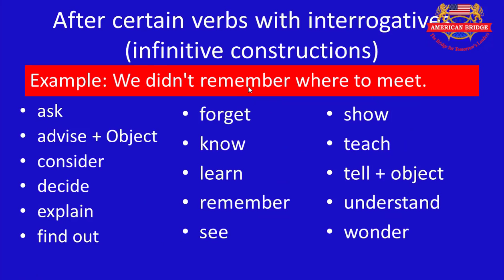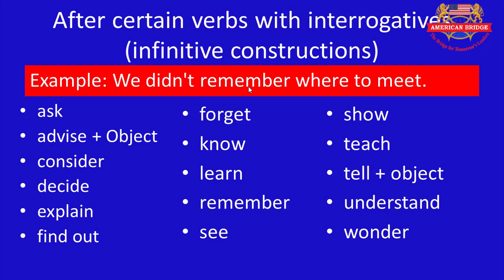Okay, after certain verbs with interrogatives, infinitive construction. So we're gonna say, like, "we don't remember where to meet." Okay, for example, "I ask somebody not to go home," or "I ask my brother to go home earlier because the parents are waiting for them."